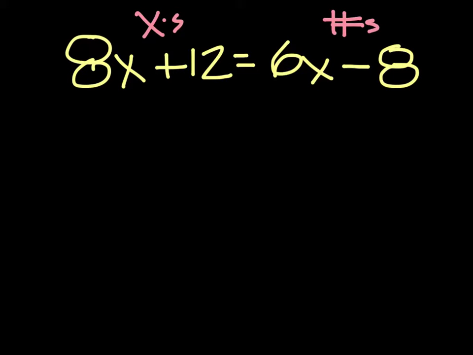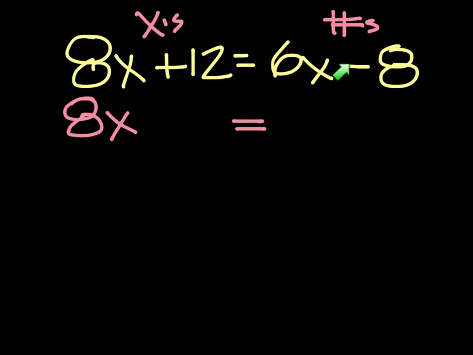Is there anything on the left side here that's already an x that doesn't need to move? 8x. Is there another x somewhere else in the equation? Yes, 6x. This 6x does not belong there. It must go over to the left side right here. When you move across the equal sign, what do you do to it?